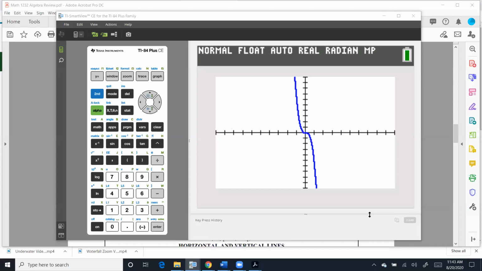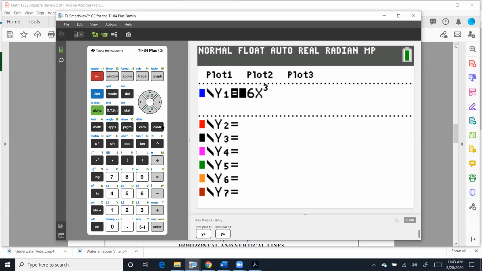All right, so I'm clicking the y equals key and clearing what's in there.